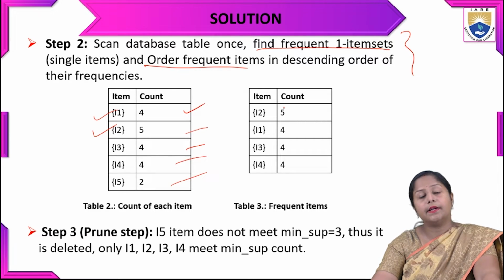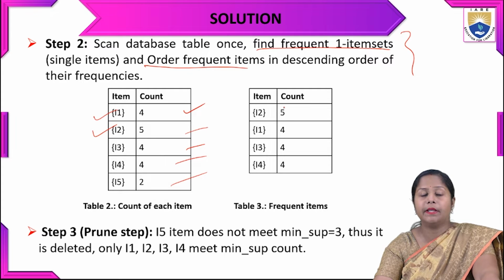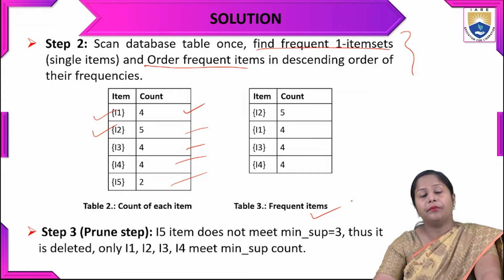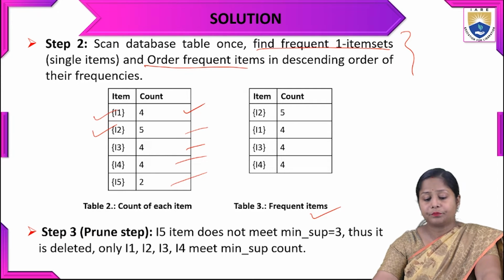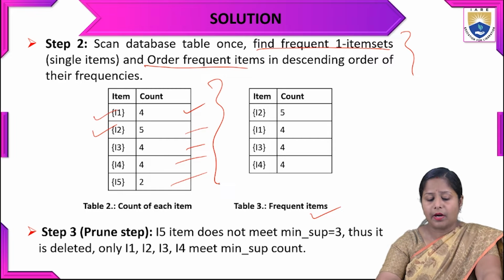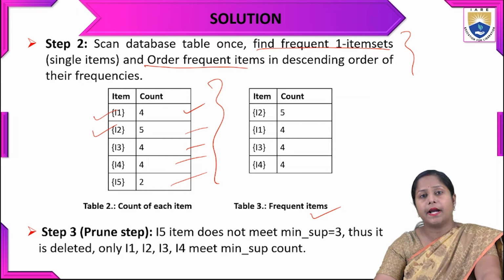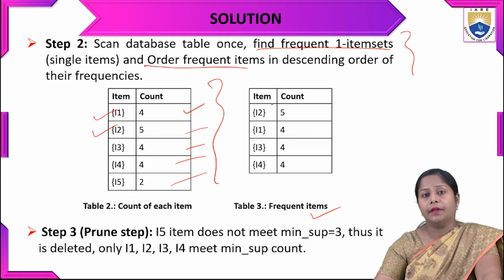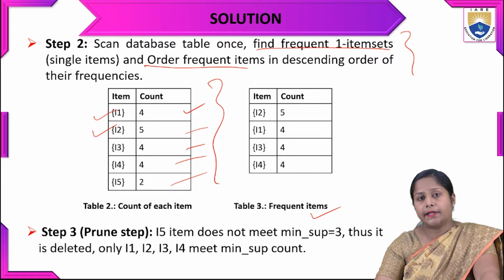So what items are less than 50% will be deleted, that will be pruned. So now in table 3, those will be the frequent items after ordering the count of each item in the one item set. So now the item counts will be there, and we order them in descending order.